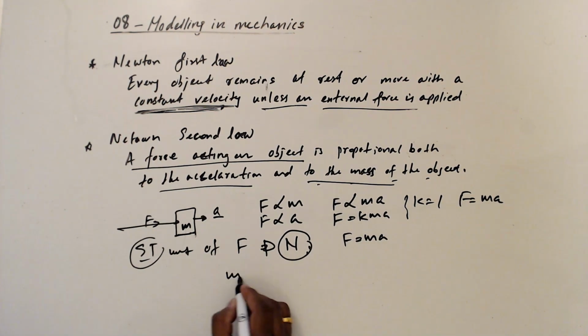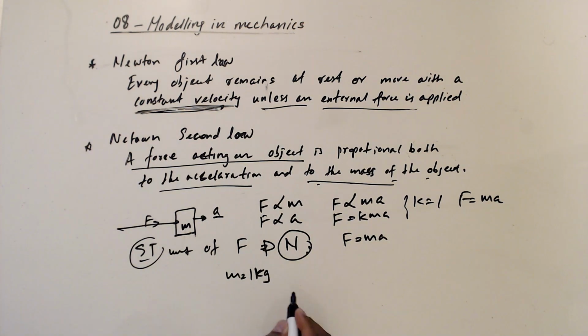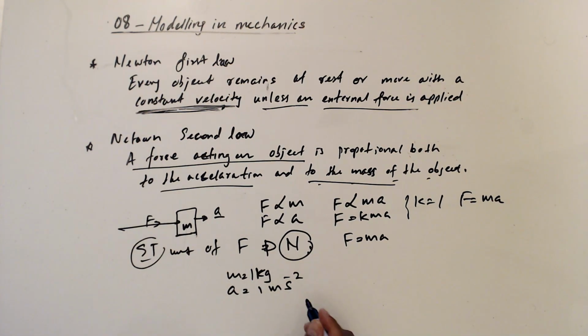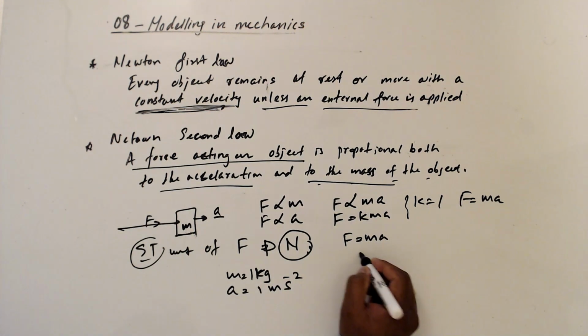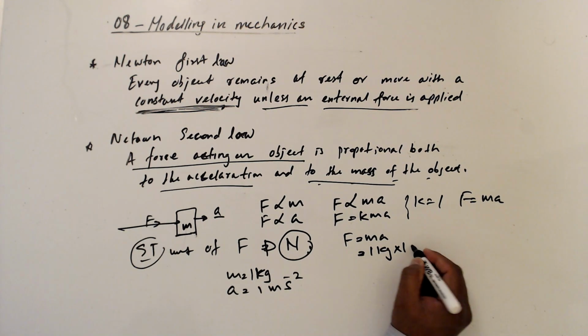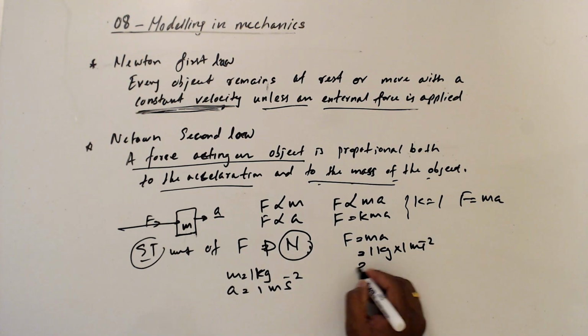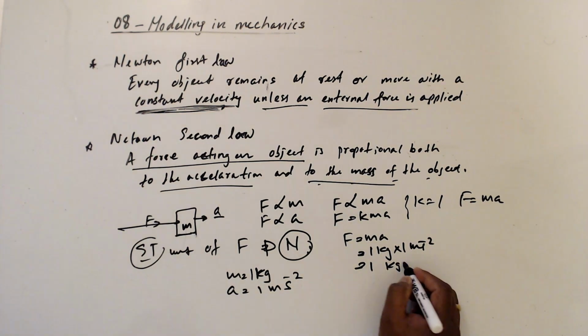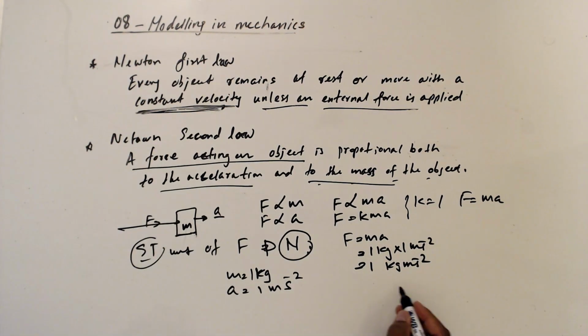So we set m equal to 1 kg and acceleration 1 meter per square second. Then this is going to be 1 times kg times 1 times m s^-2. This is going to be 1 kg m s^-2. So this we define as 1 Newton.